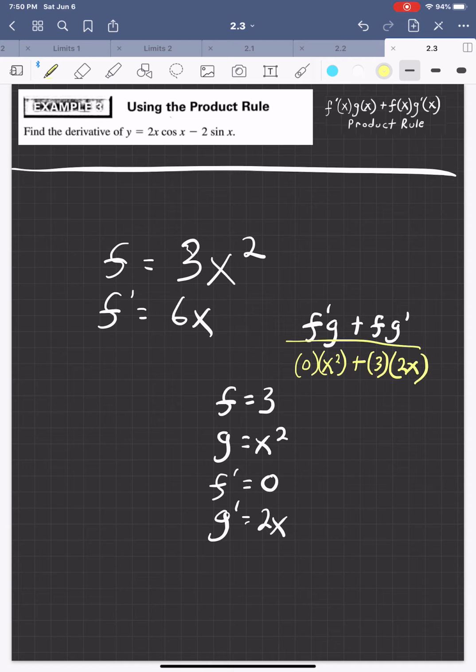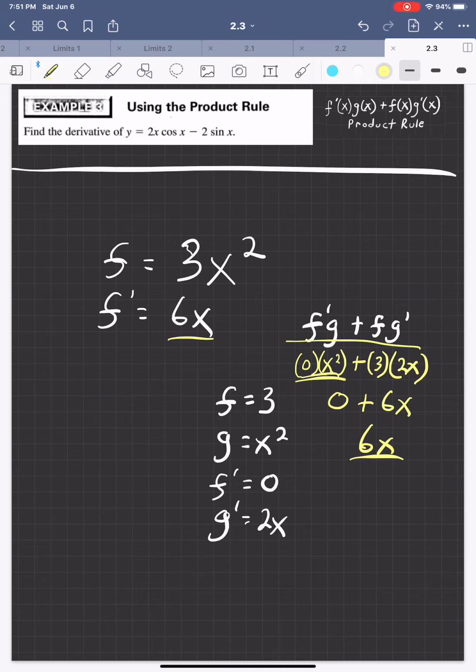Do you notice that it doesn't matter? Right? 0 times x squared is 0, and 3 times 2 is 6, so 6x. Either way, whether they chose the product rule or the power rule, they would have arrived at the same answer.